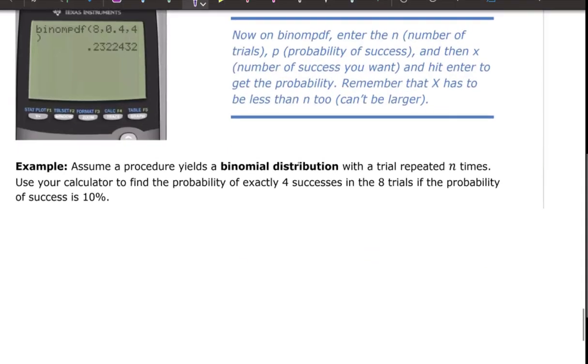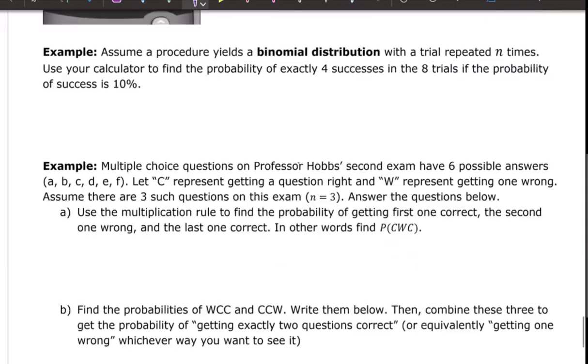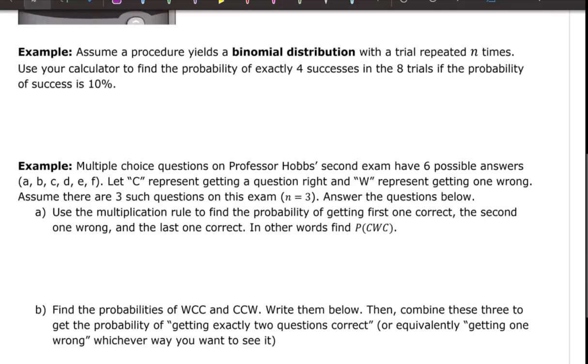Okay, so let's look at an example where it says, let's assume we have a binomial distribution with a trial repeated n times. Use your calculator to find the probability of exactly 4 successes in 8 trials if the probability of success is 10%. This is an easy way to get started practicing using this calculator function.